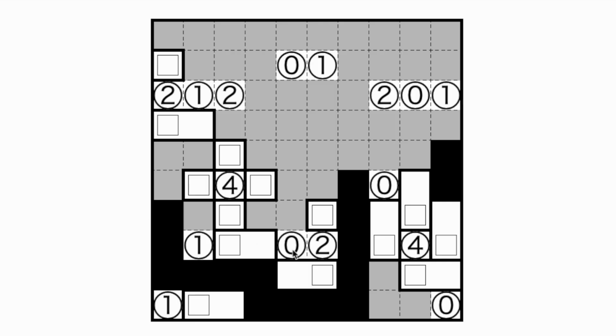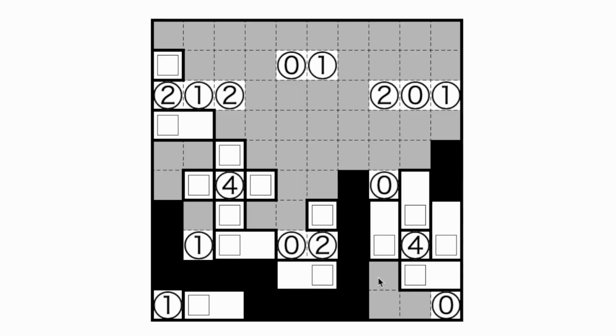Okay, this one could be either direction still. Don't see a restriction there. We can probably do something with this coming out this way. This bed is going to have to get touched by a shaded cell.